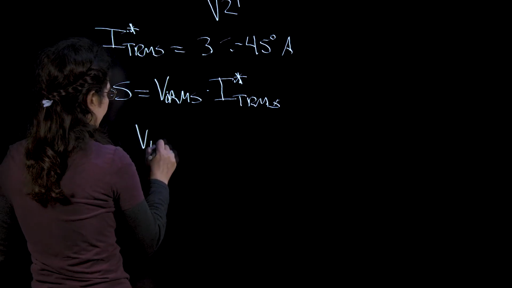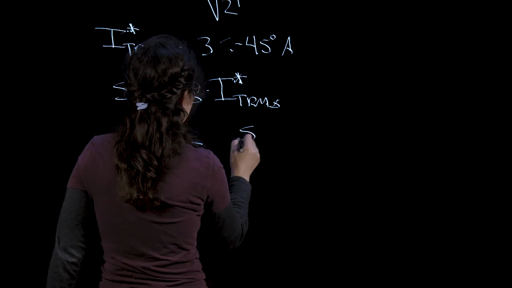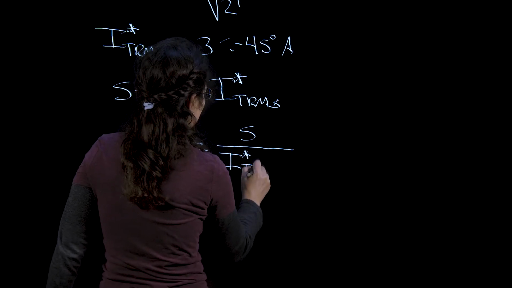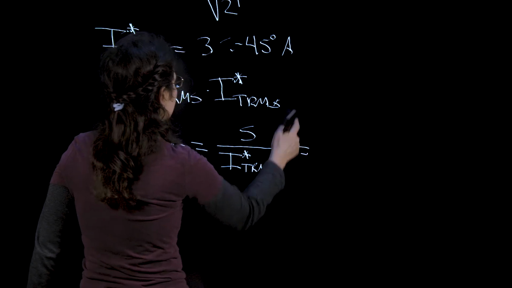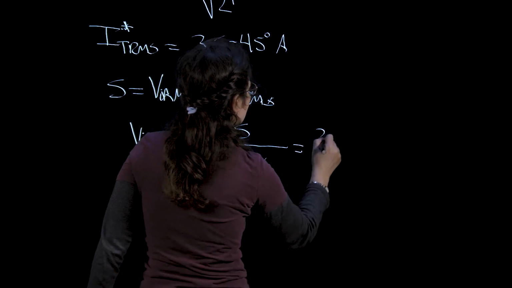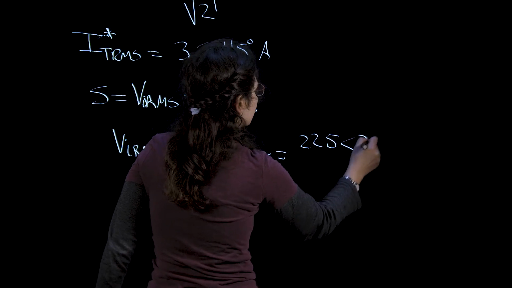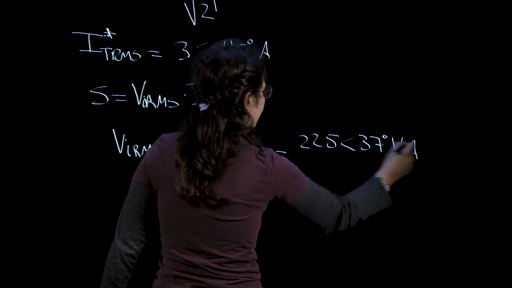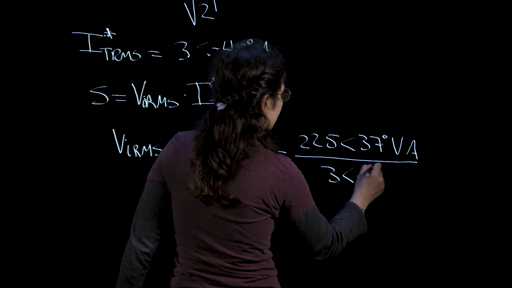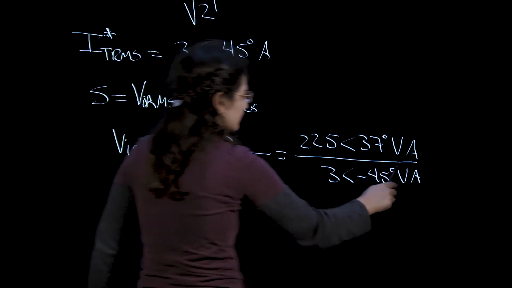So V input RMS is then equal to S over the total current complex conjugate RMS, which is the S that we had here, 225 at 37 degrees VA, over 3 at minus 45 degrees amperes.